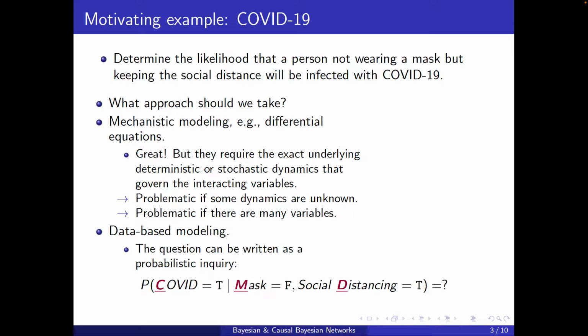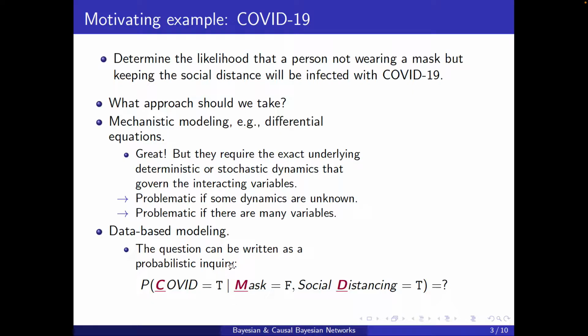If we try to write down this question by using probabilistic frameworks, we can say that the question we're asked is the P, standing for probability, of a variable called COVID, which we will later denote simply by C. And this variable is binary, either true or false, indicating that that person is infected or not infected.